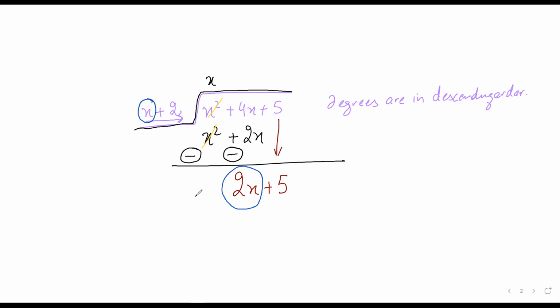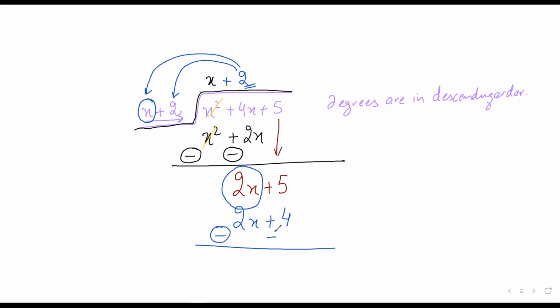How would I do that? I will multiply this x as well as this 2 by 2. Why? Because I will get 2x plus 4. Again, when I subtract and I change the sign, this 2x and 2x will cancel and I will get a 1 here. Sarthak, any doubt? No, sir.